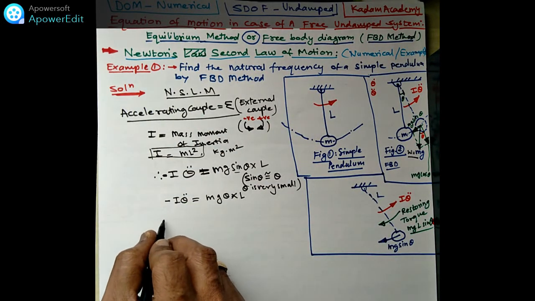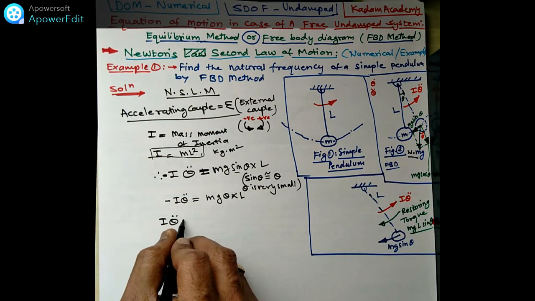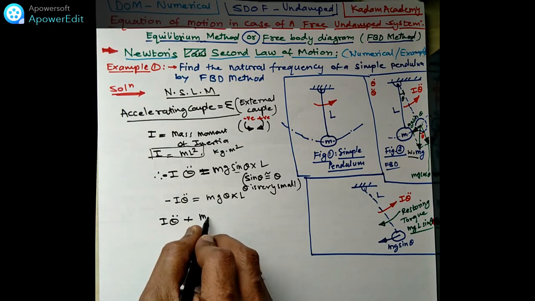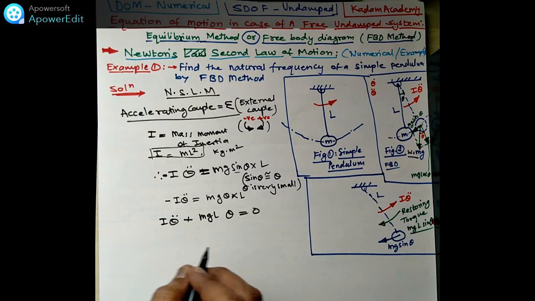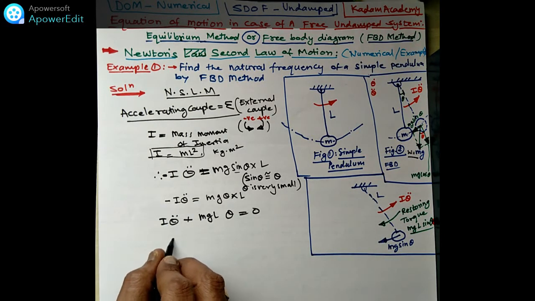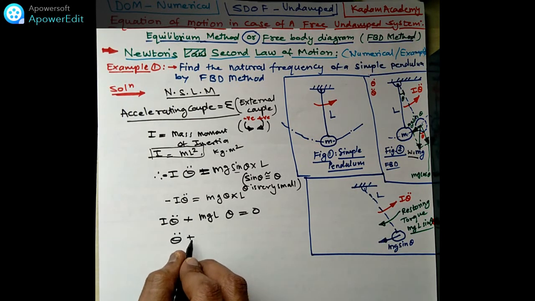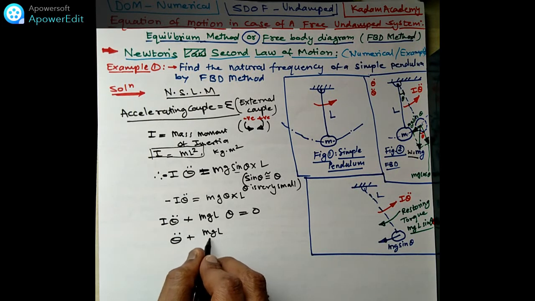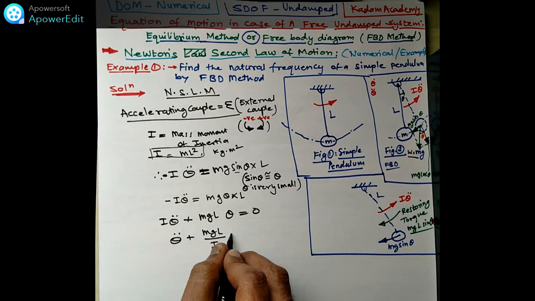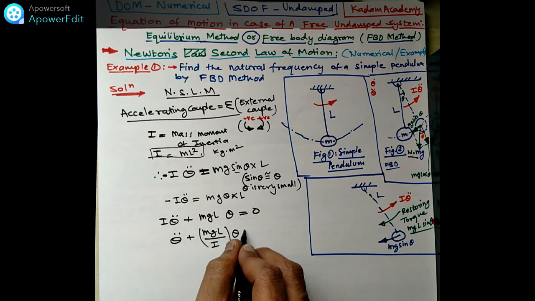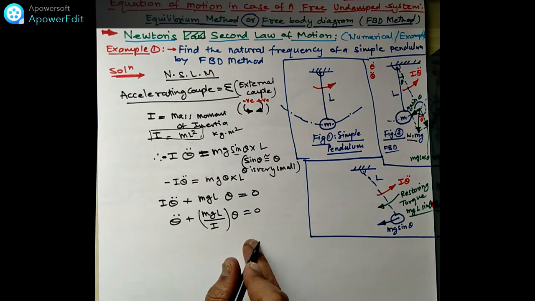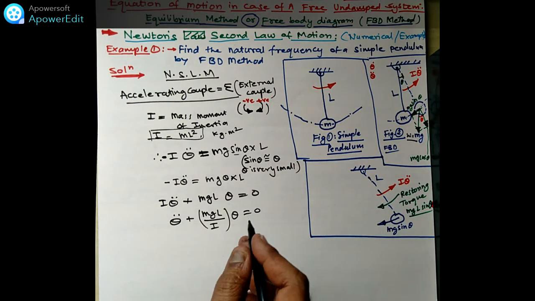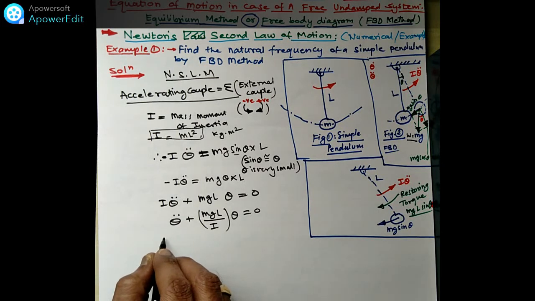We can also write it like this: I theta double dot plus mgL theta is equal to 0, or theta double dot plus mgL by I into theta equals 0. So the above equation represents the differential equation of motion for the simple pendulum.